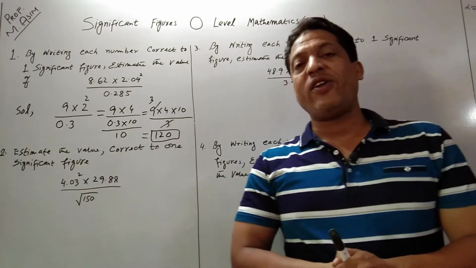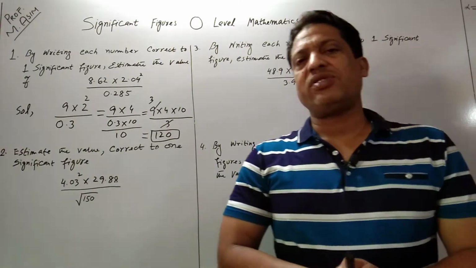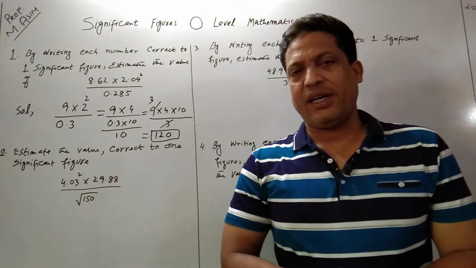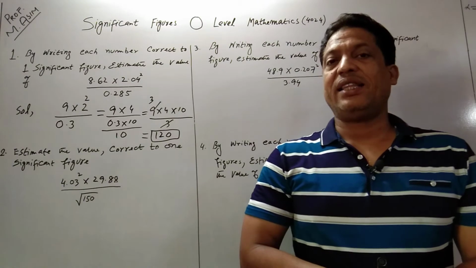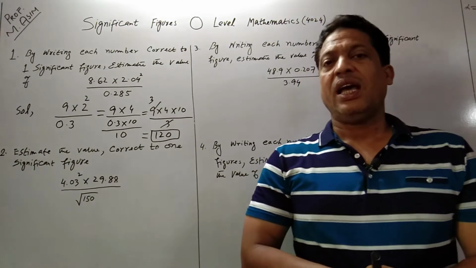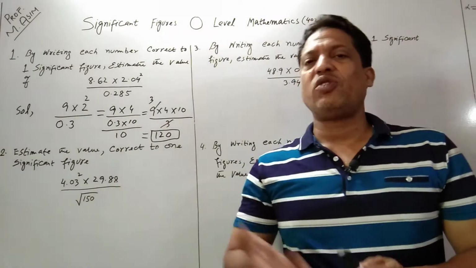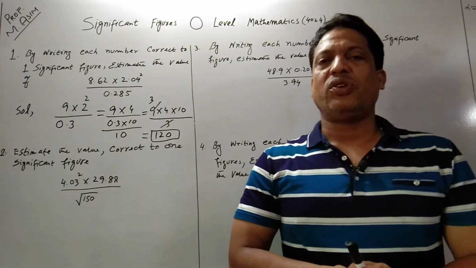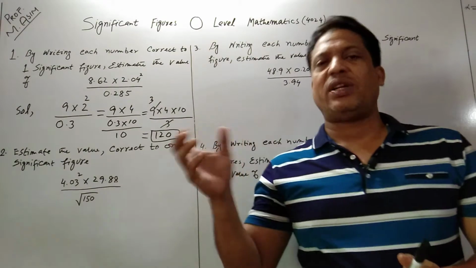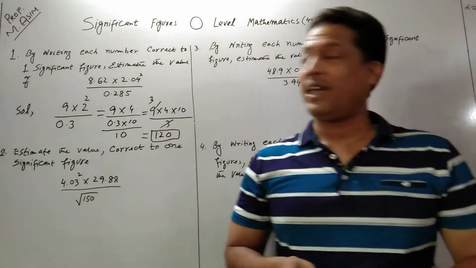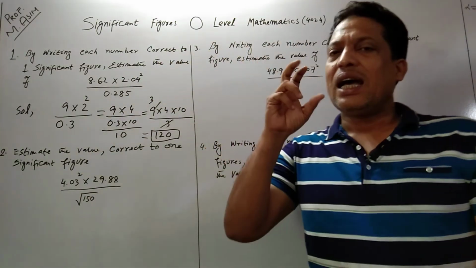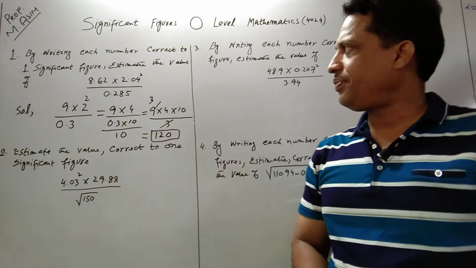But if you have 9 rupees and you say I have 2 rupees, this is not correct and not an estimate, because 2 is very far from 9. So estimate means closest to the exact value.